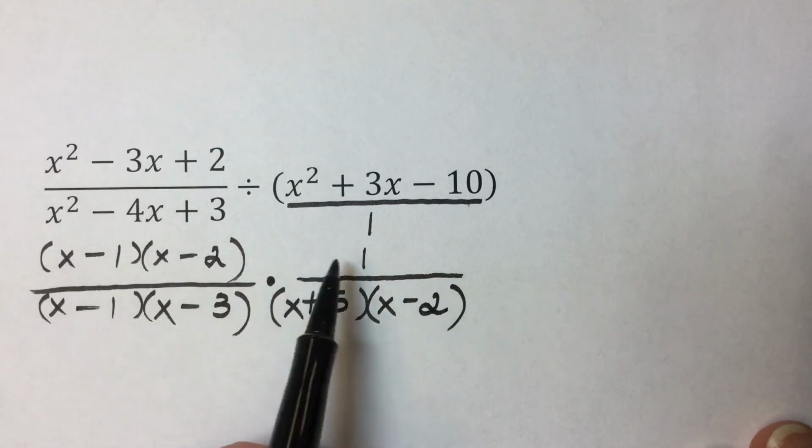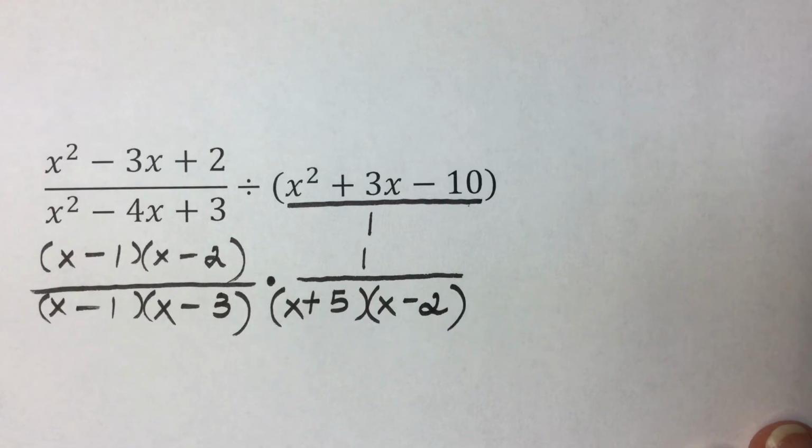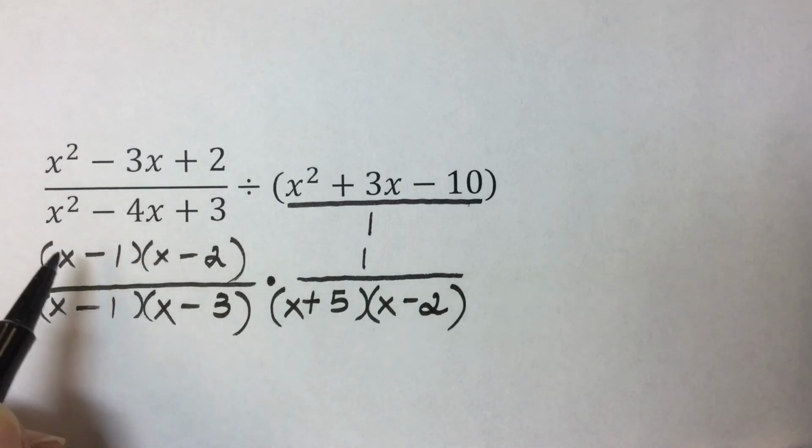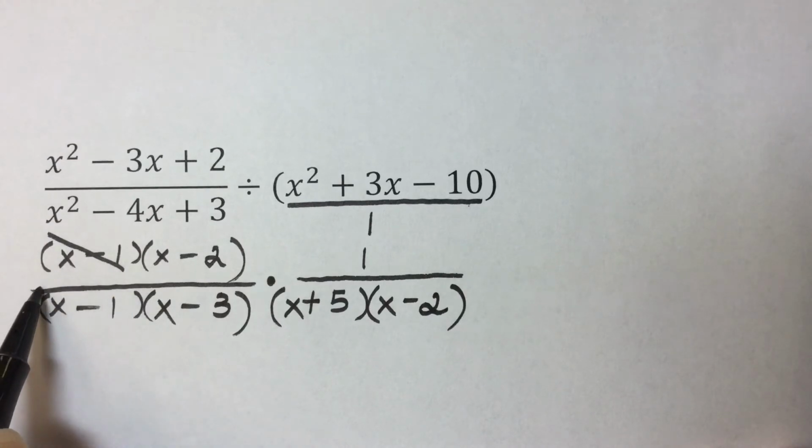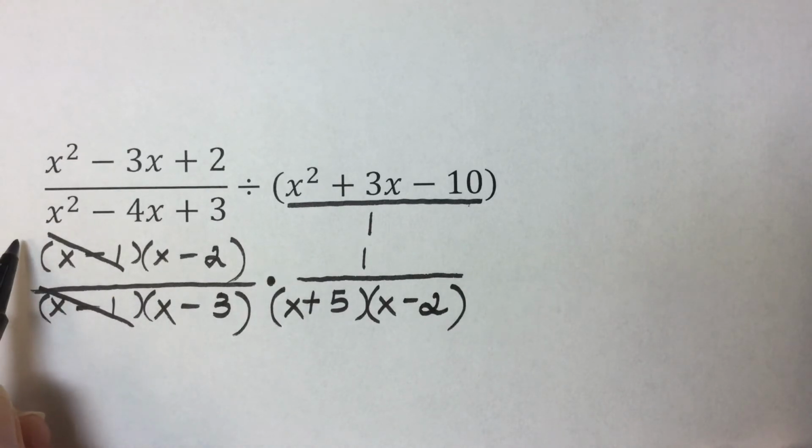Now we're multiplying our numerators and multiplying our denominators, but rather than that, we'll cancel out common factors in an attempt to simplify this.